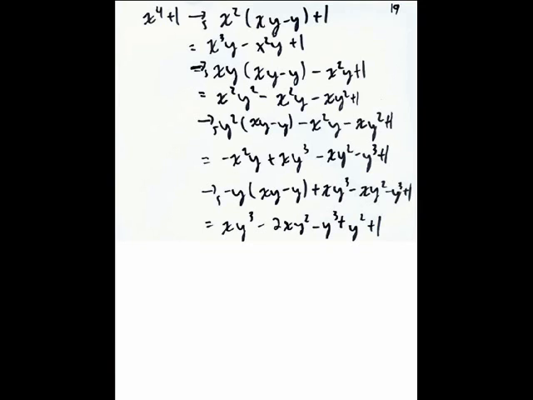Then we can do another one-step reduction and replace the x squared with xy minus y. And then we perform one more, as we see another x squared term.